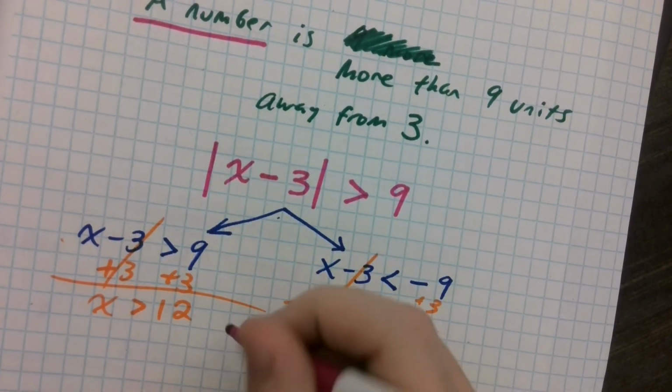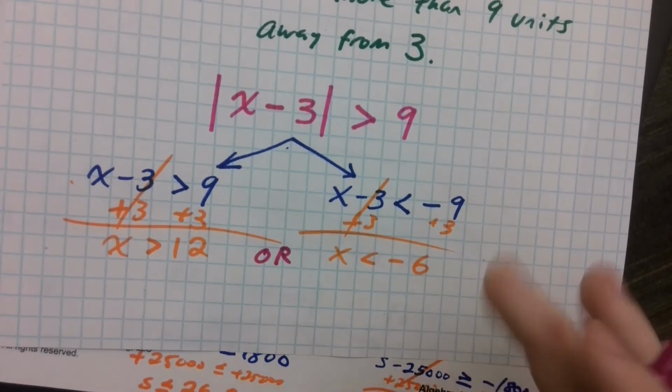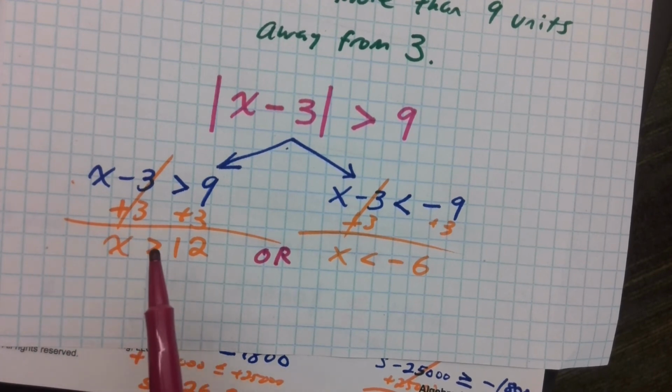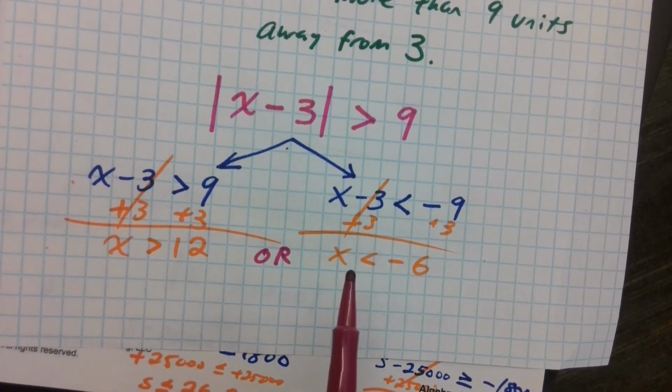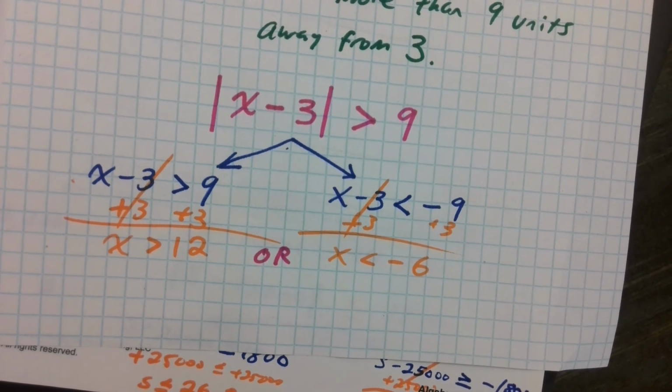So if you keep that in mind, you can just write the word OR right then and there. But if you can't remember, think: is there a number x that's both bigger than 12 and less than negative 6? No, because this would have to be a positive number and this would have to be a negative number. So clearly there's no number that works for both. It's an OR inequality. So this is our answer.